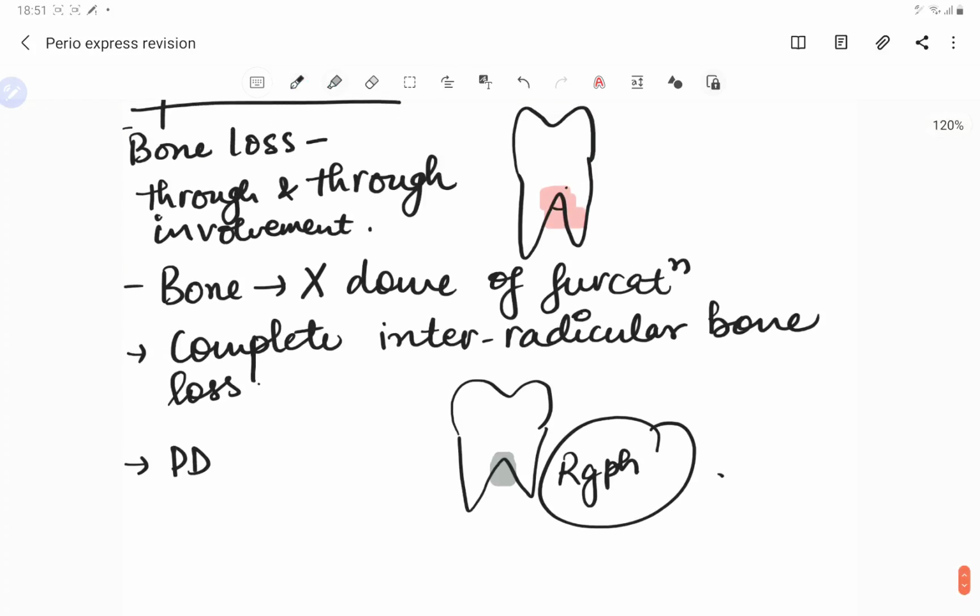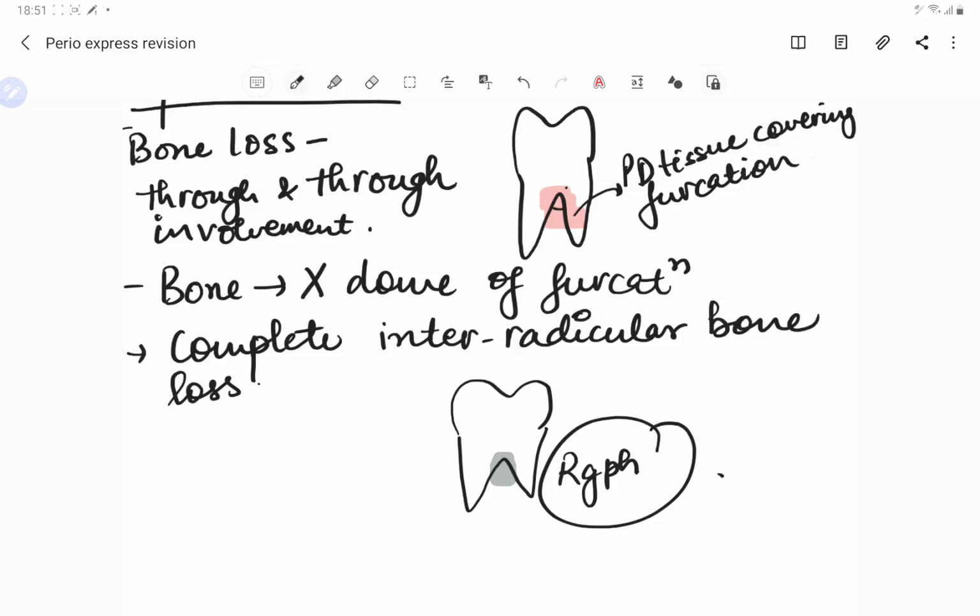I could have written it here, guys. So this is a periodontal tissue covering the furcation. And this is the reason that even though there is a bone loss, there is a complete bone loss from inside, but since there is a soft tissue which is covering, you cannot pass the probe.